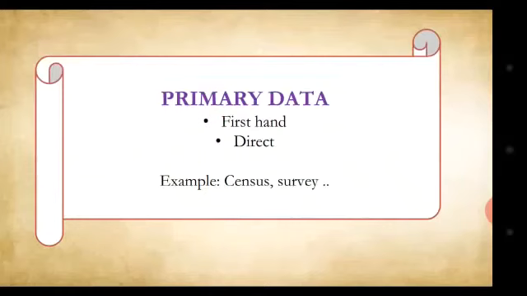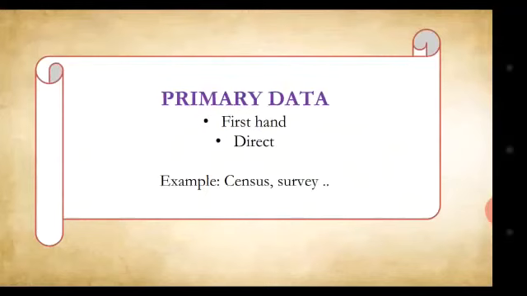When my source of data collection is of that kind, then I can say it is a primary source of data collection. For example, take a census. At the time of census, people come to each house and start asking for data regarding our name, our residential details, and various other aspects.